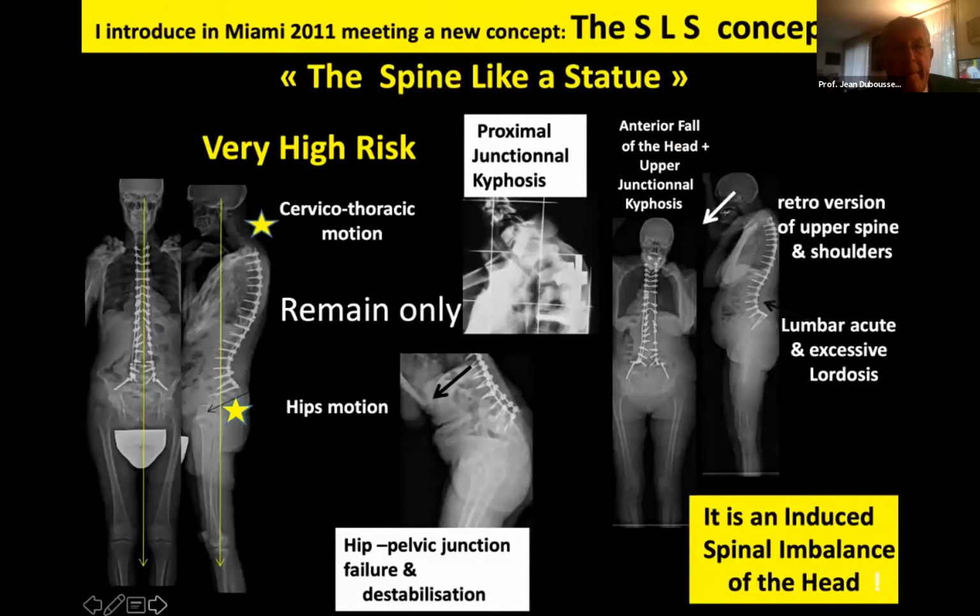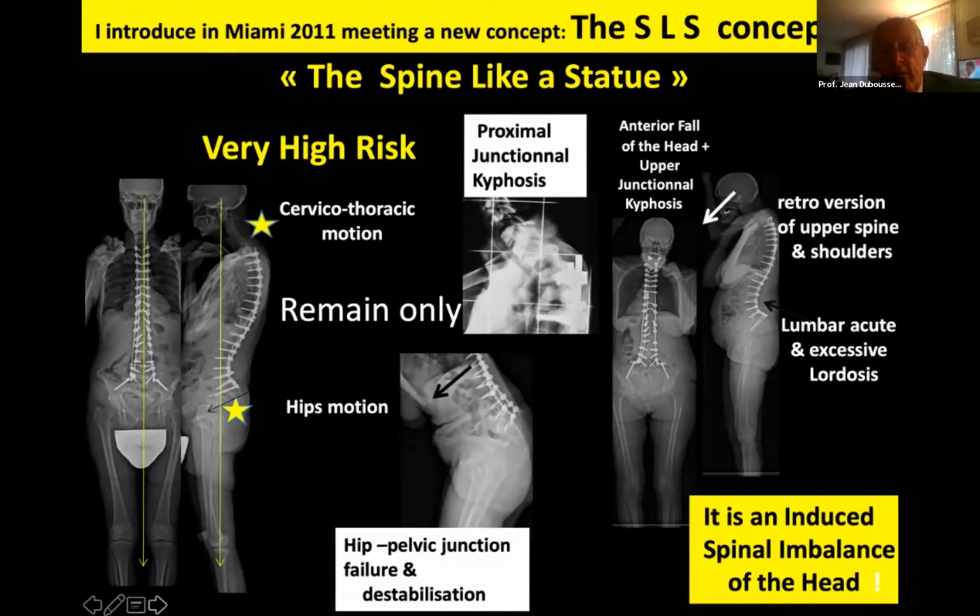And I described, when I was invited to a meeting in Miami, a long time ago, 2011, what I called at that time the spine like a statue. Where you have such instrumentation, you have only two places to move, cervicothoracic motion and hip motion.